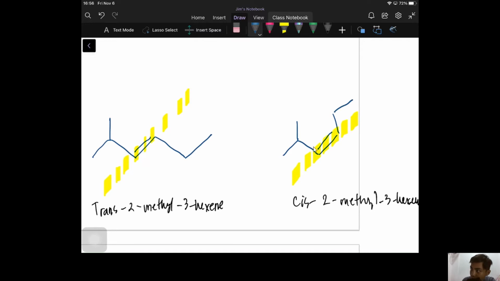So, yan. Ito yung ating double bond. Kanina, nasa baba yung CH2, CH3. Ngayon, nasa taas na siya. So, parehas na sa taas ang ating priorities. So, yun ay cis.